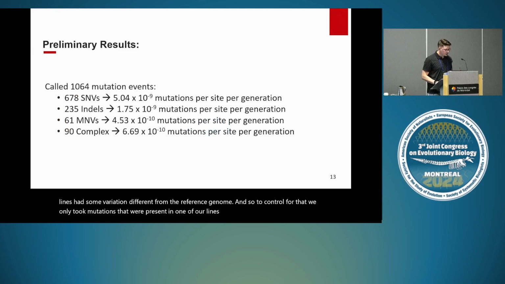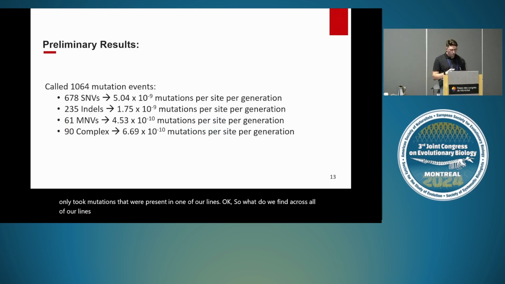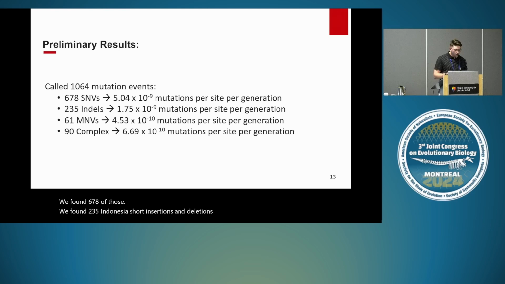Okay, so what do we find? Across all of our lines, we found 1,064 mutation events, which we categorized into 4 groups. The first, I'm sure you're all familiar with, single nucleotide variants, substitutions. We found 678 of those. We found 235 indels, so short insertions and deletions. And then we also called what we're considering multi-nucleotide events.